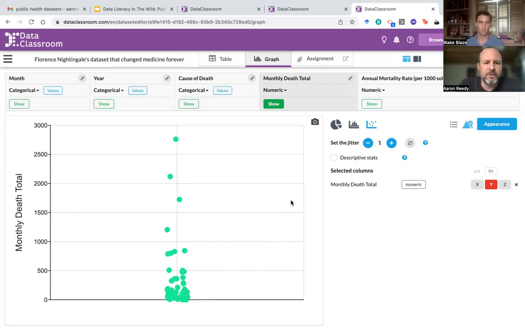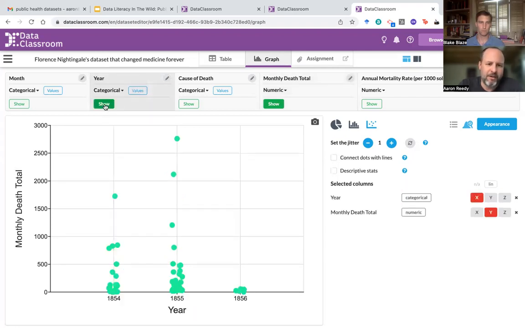What I could do now is split them out by some other variable, like, for example, by year, and see what the monthly death totals were in 1854, in 1855, in 1856.